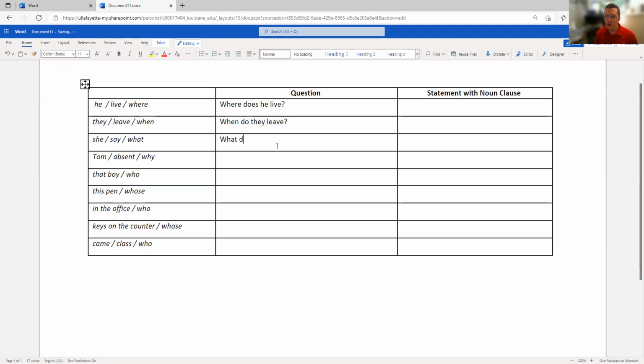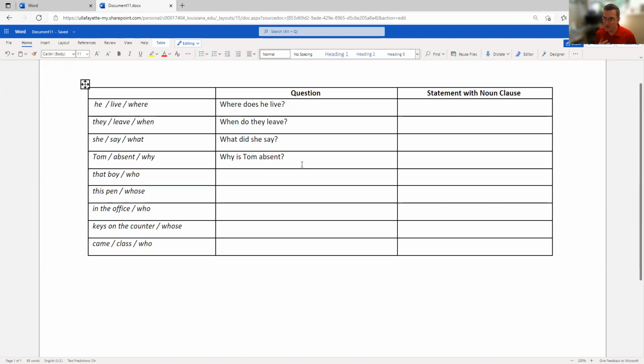She say, what did she say? Okay, you didn't hear her? Tom absent, why? Why is Tom absent? If it's a to be verb, we'll put the to be verb before the subject. Why is Tom absent?